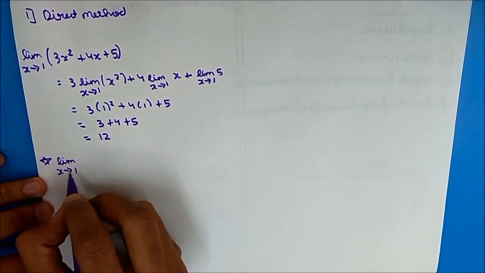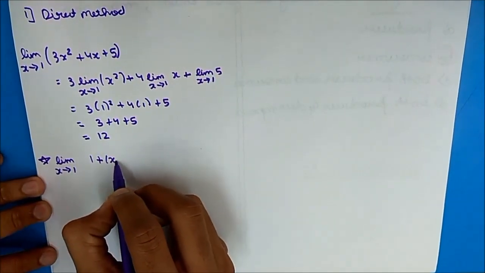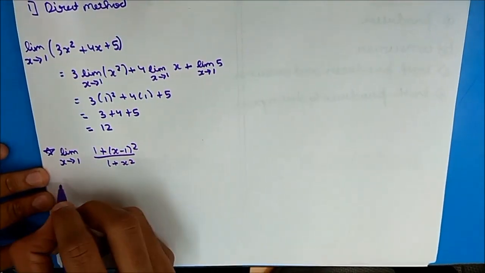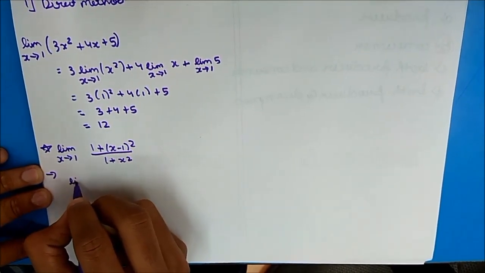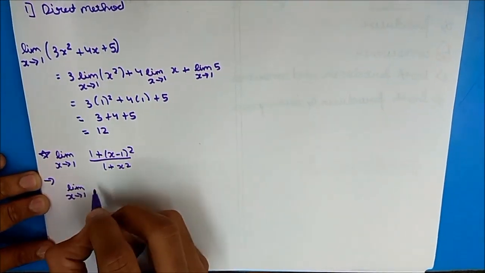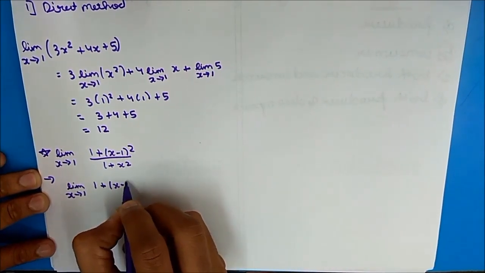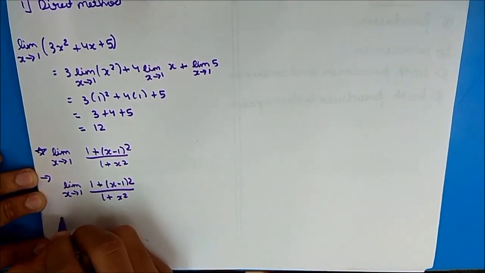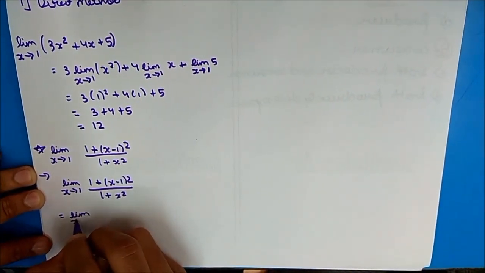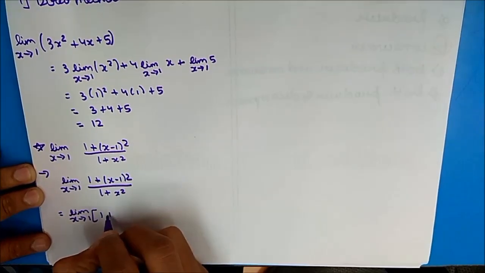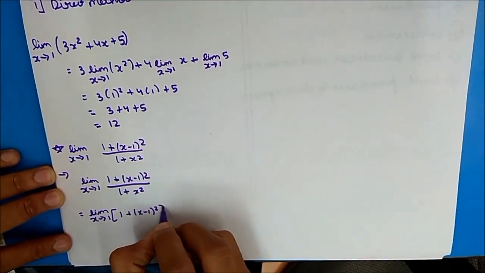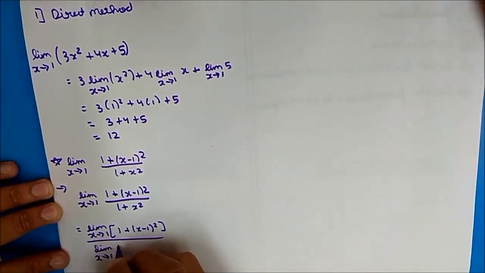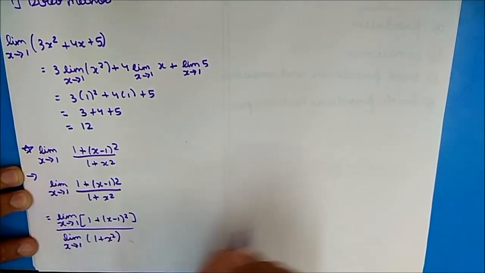Limit x tends to 1, (1 plus x minus 1) the whole square upon 1 plus x square. So the answer would be limit x tends to 1, (1 plus x minus 1) the whole square upon limit x tends to 1, 1 plus x square.